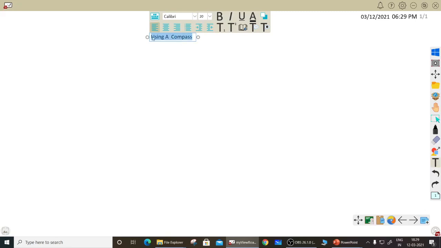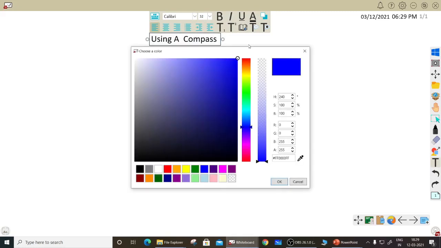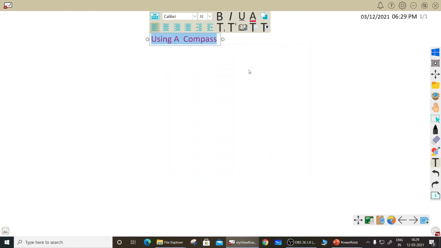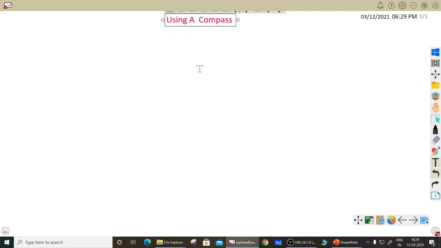Compass, you are familiar with the compass in your instrument box, and you will be taking out the compass along with me if possible, using your compass and notebook. You will be constructing along with me the perpendicular to the given line.